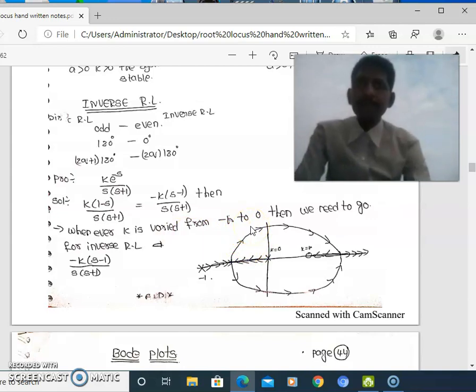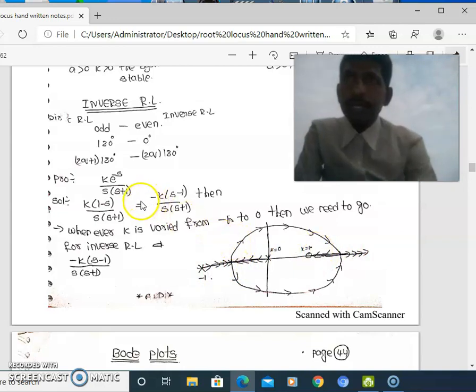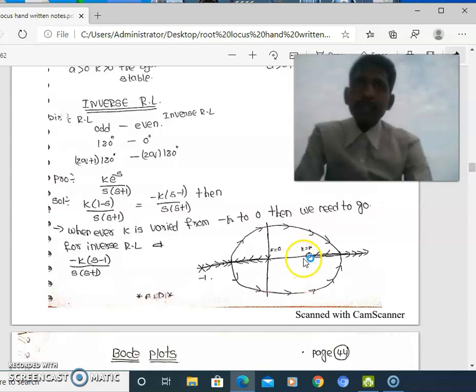See here, how many poles are there? One pole is present at origin, one more pole is present at -1, and 1 zero is present here. Now, are there any zeros here? Yes, 1 zero is present at this point. Always the root locus has to start from pole and has to end at zero.